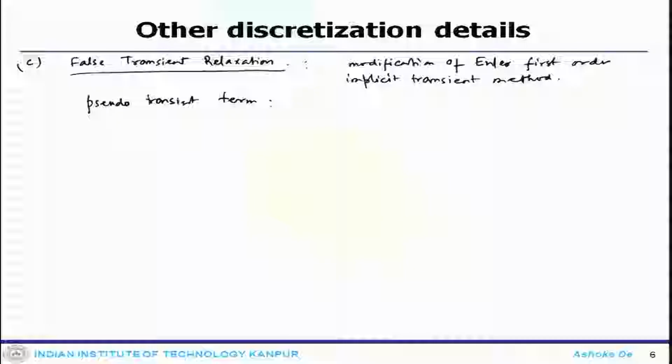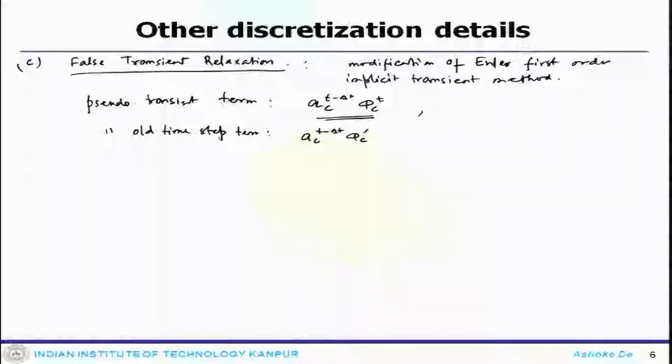As in the Euler method, the diagonal dominance of the algebraic equation is increased through the addition of the pseudo transient term, A_C t minus del t phi_C, to the diagonal coefficient, and the pseudo old time step term A_C t minus del t phi_C star to the right hand side.